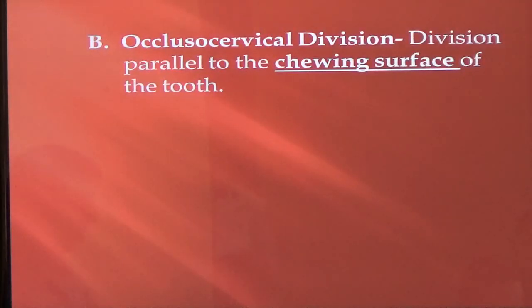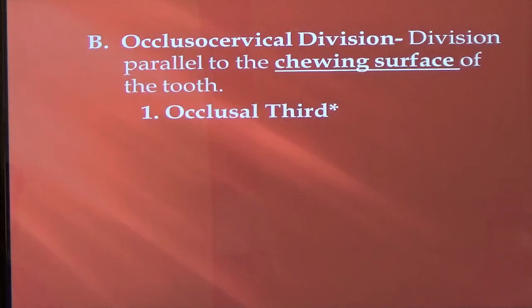Now if we're looking at the occlusal cervical division, so we're looking at the top, you have the occlusal third, which is closest to the occlusal surface, the biting surface, right?